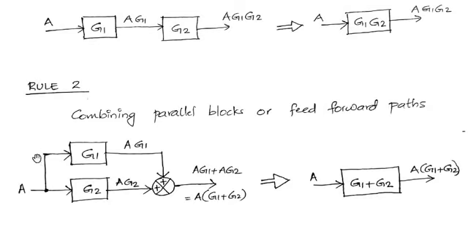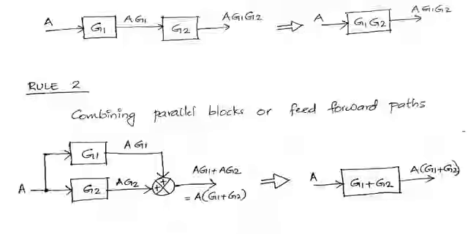So why am I saying this is a feed forward? Look at the direction in which the signal flows. This is from input side to output side. If the signal was from this output side back to the input side, then it would be a feedback. But this is a feed forward.